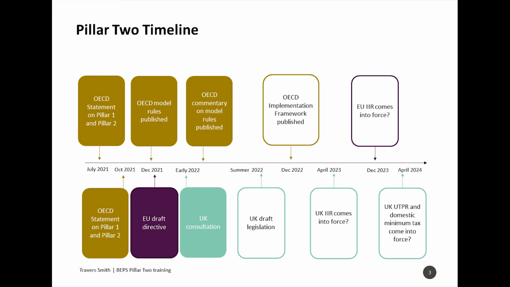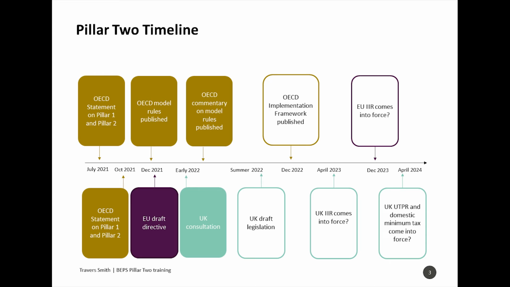As at the date that this session was recorded, the UK still seems to be targeting an effective date for the bulk of the rules to come into force of April 2023, with the remainder of the rules targeted to come into effect in April 2024.